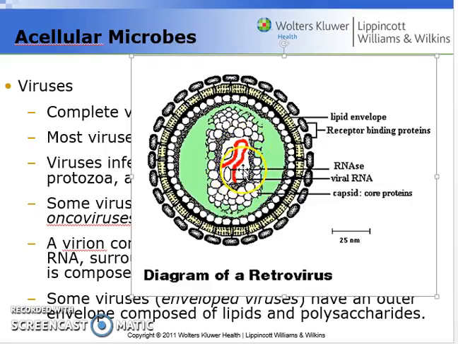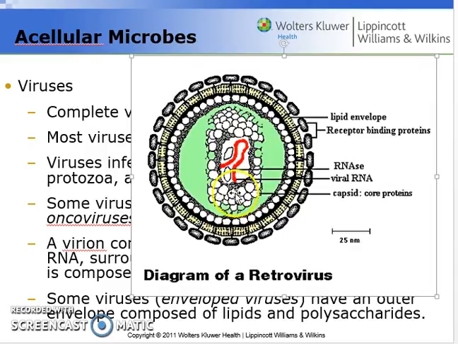But some viruses have DNA. A virus will either have RNA or DNA, one or the other, nothing else. There's also an enzyme known as RNase, which is enclosed in this capsid that surrounds the genetic material. The capsomeres that we were talking about earlier are basically the packets of proteins that make up the capsid.